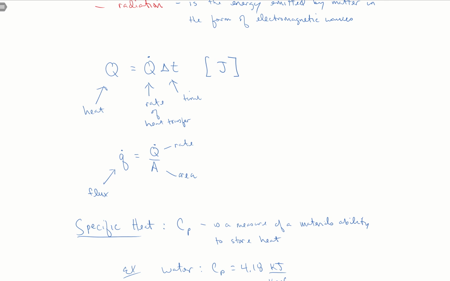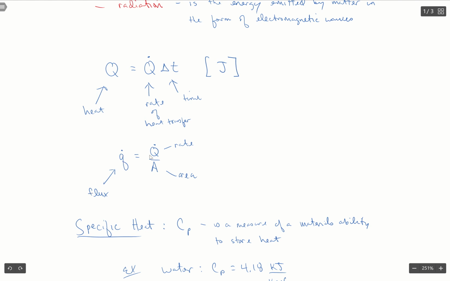So heat transfer is usually denoted as Q, okay? And Q is equal to Q dot, which is the rate of heat transfer times the time. And the units for that are joules, okay? And little q dot is heat flux, okay?